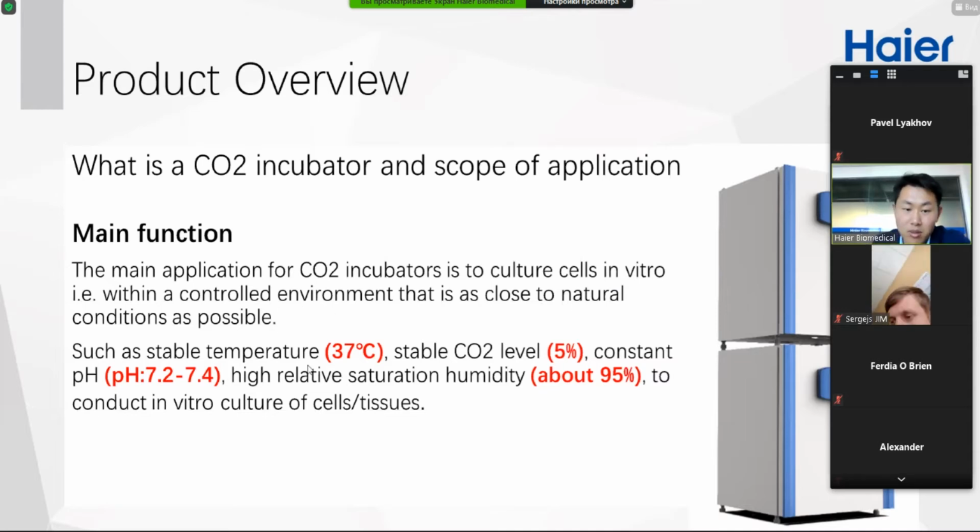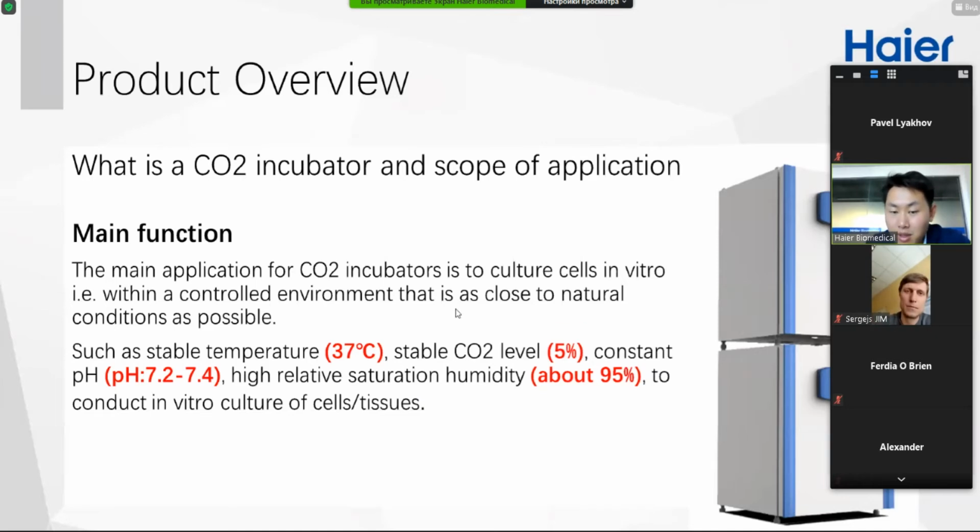The stable temperature is around 37 degrees Celsius, the stable CO2 level is 5%, the constant pH is 7.2 to 7.4, and the humidity is about 95%. Normally these numbers are fixed at regular times.